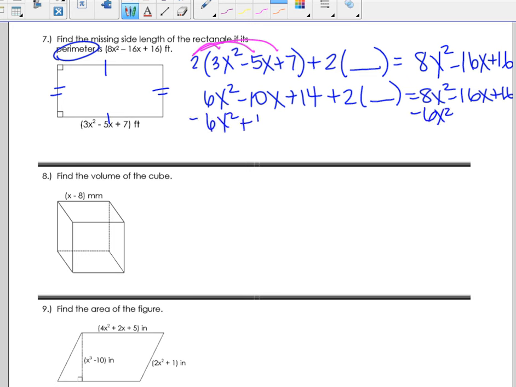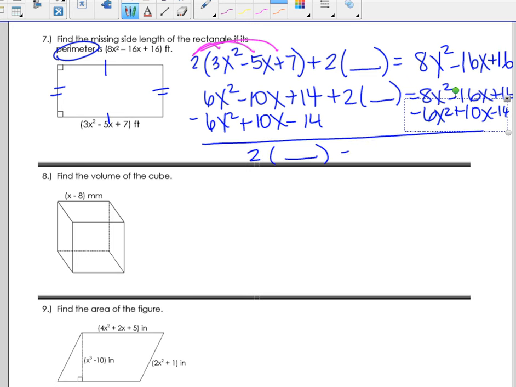I'm going to add my 10x to the other side. And I'm going to get rid of my 14 to the other side. So now I'm left with 2 times something, because everything else canceled out, equals 2x squared. Negative 16 plus 10 is negative 6x, and 16 minus 14 is positive 2.